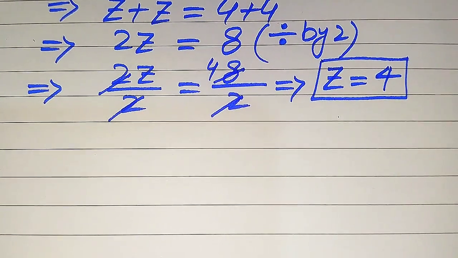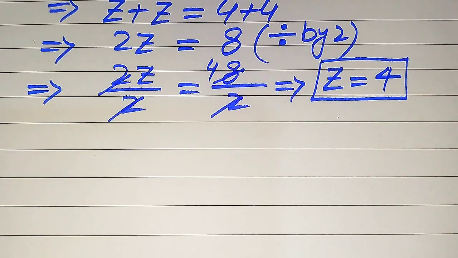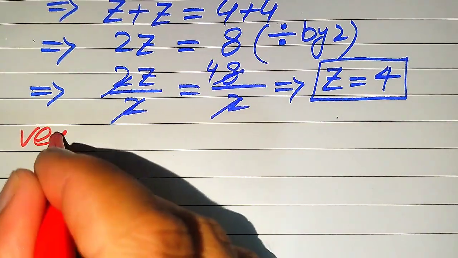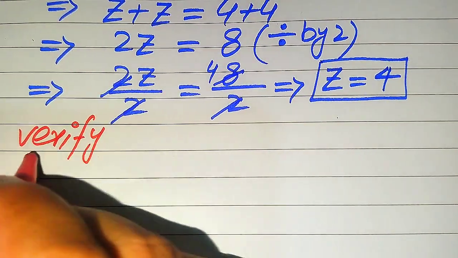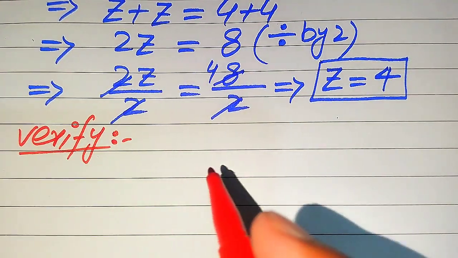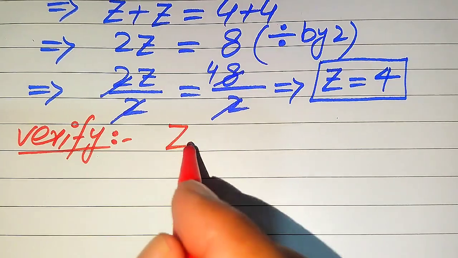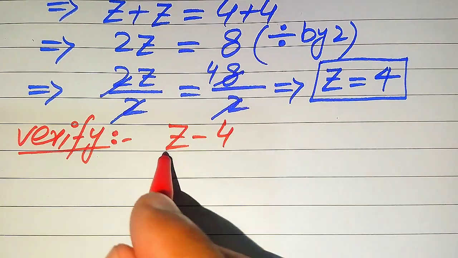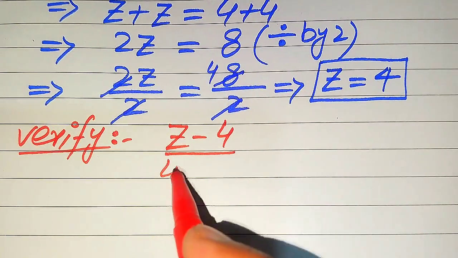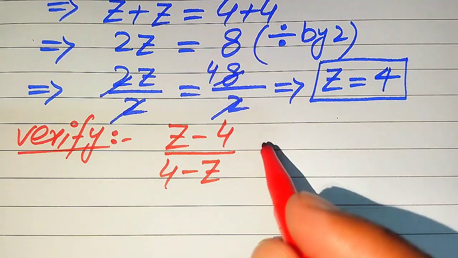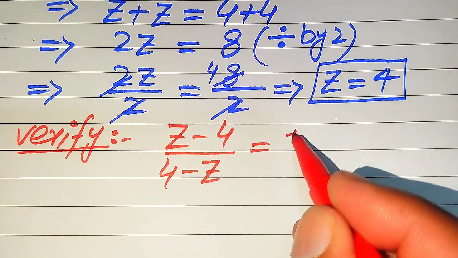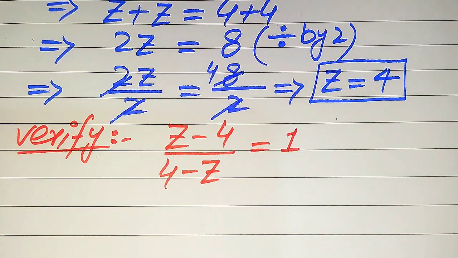And here in the next step we need to verify whether this value of z satisfies our given question statement or not. So for this we need to copy down the given question statement. Here it is (z minus 4) divided by (4 minus z) is equal to 1.